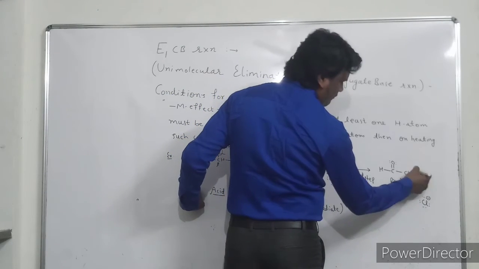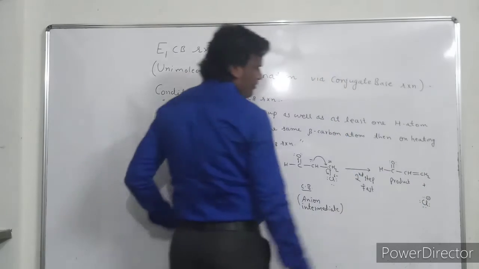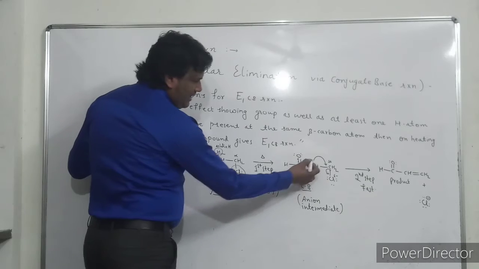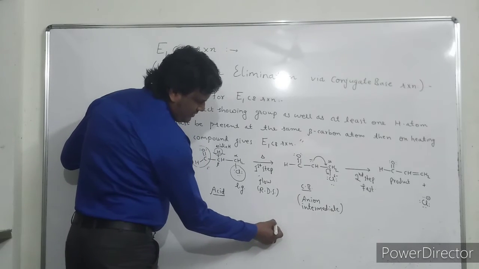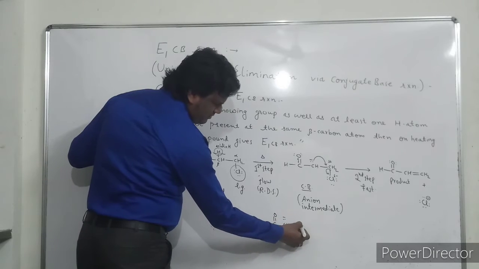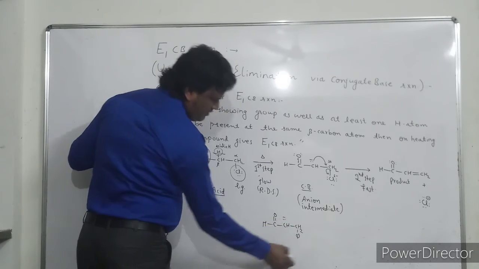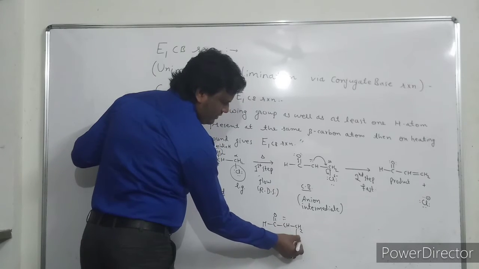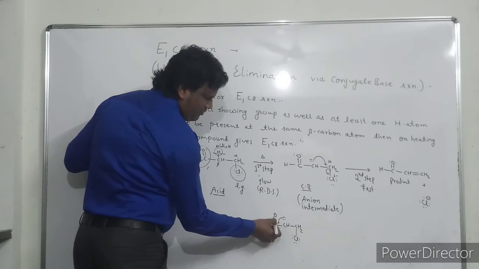In the product, the pi bond formed is resonance stabilized with the pi bond of CHO. The negative charge of the conjugate base, CHO CH minus CH2Cl, is stabilized through resonance, lone pair to bond pair and bond pair to lone pair.